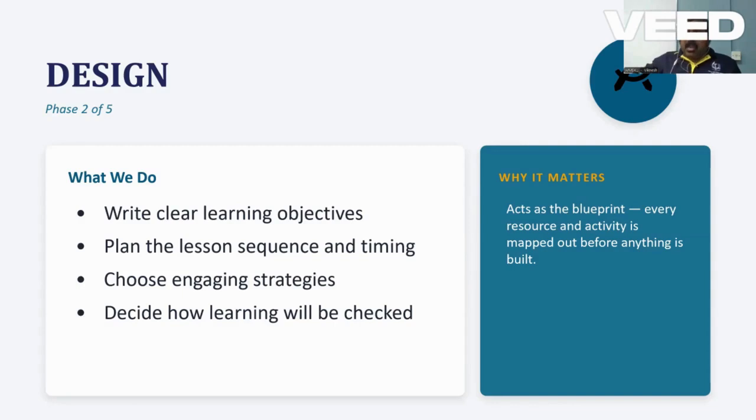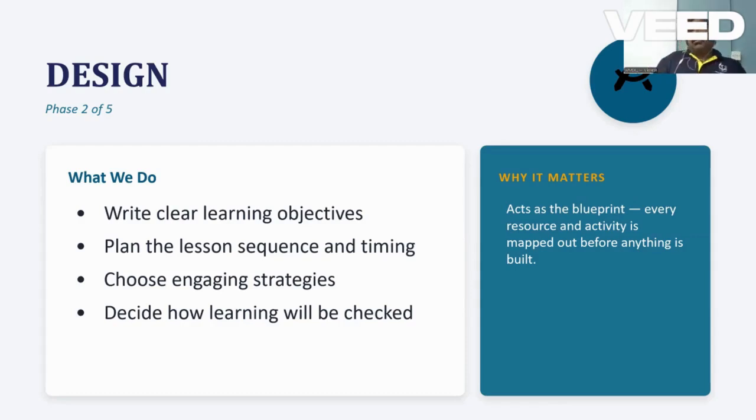Then we choose engaging strategies, like matching games or real device mapping games. For example, we show them many devices, so they have to match which is an input and which is an output. Eventually, the learning will be checked through quizzes, worksheets, or sometimes brainstorming discussions to see their level of understanding.